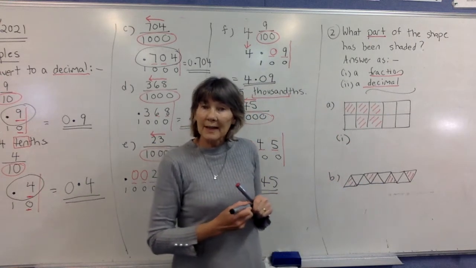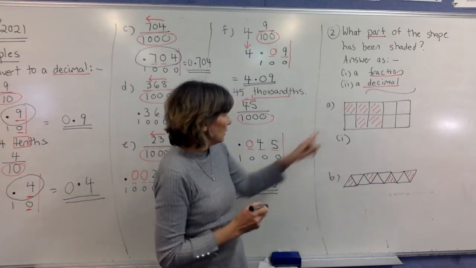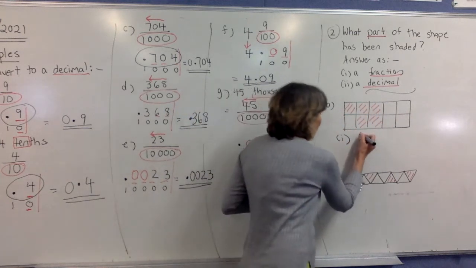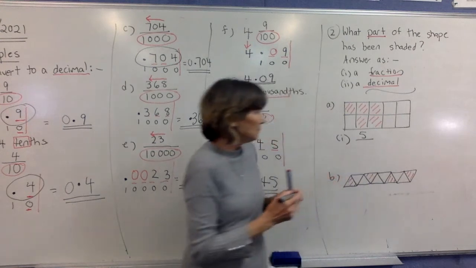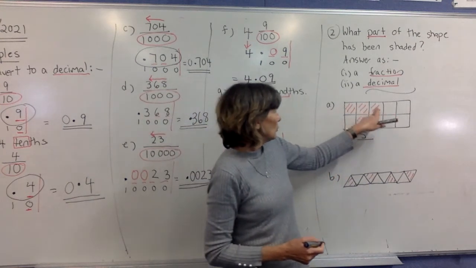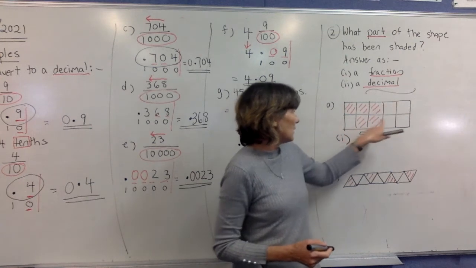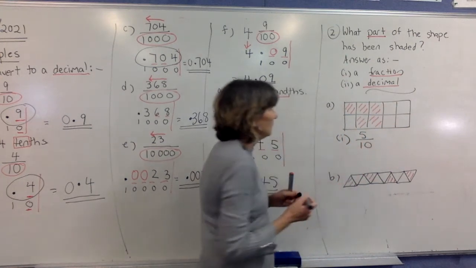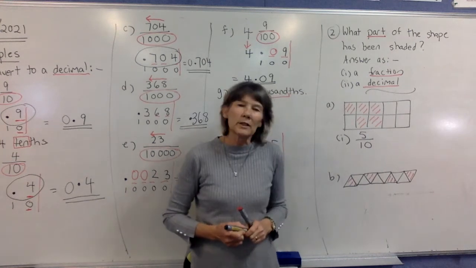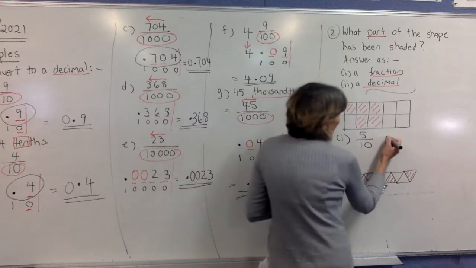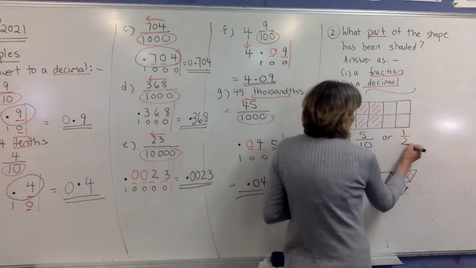So we're going to look at seeing how many squares have been shaded. Count them up. 1, 2, 3, 4, 5. So we're going to have 5 on the top of our fraction. Then we're going to count all the squares. 1, 2, 3, 4, 5, 6, 7, 8, 9, 10 squares all together, and write that down. Now, you could simplify this fraction if you wanted to and write it down as 1/2.